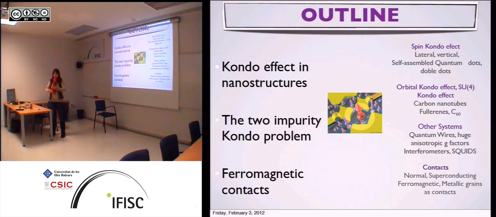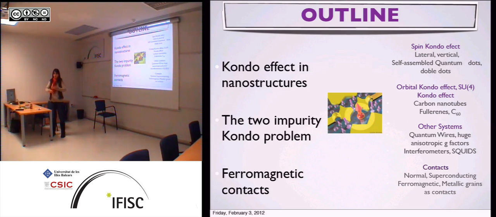They can generate an antiferromagnetic interaction between the two spins. So then you have a competition between two types of singlets. One singlet is the Kondo state, here or here, and the other singlet is the one that is formed by the two localized sites. And then this will give you some type of quantum phase transition.